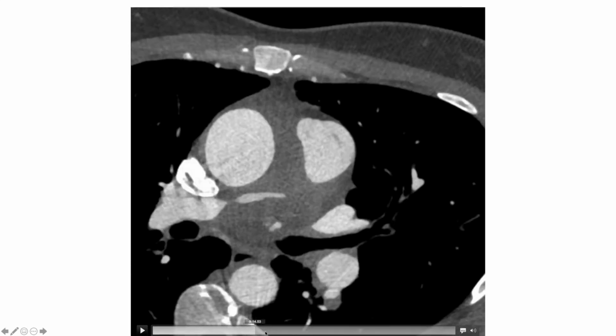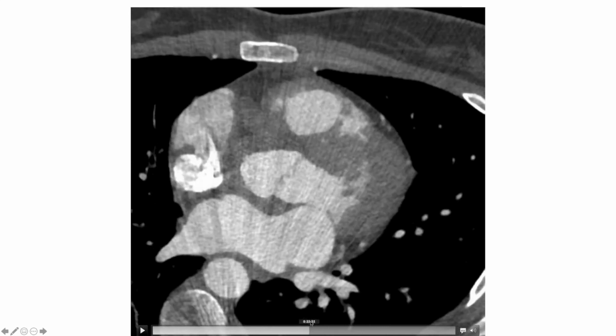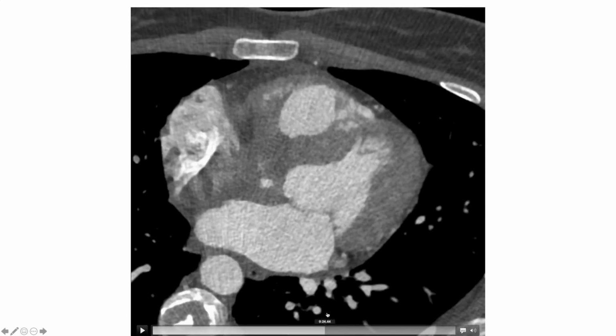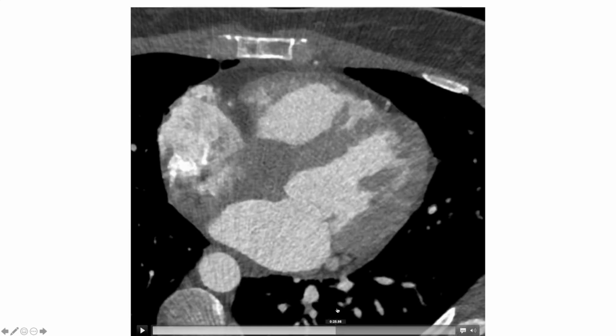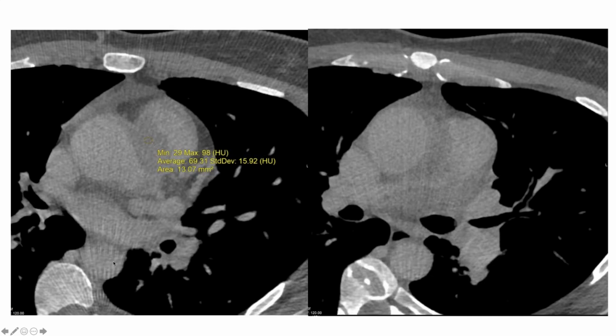Her chest x-ray is unremarkable, although you can see her Harrington rods, which did cause some artifact on the MR. Here are some still images from her transthoracic echo, and what they described was thickening around the aortic root, but also some narrowing of the main pulmonary artery and the right pulmonary artery.